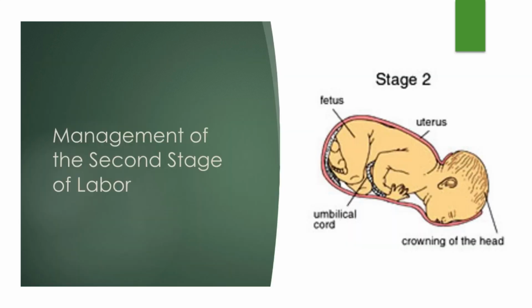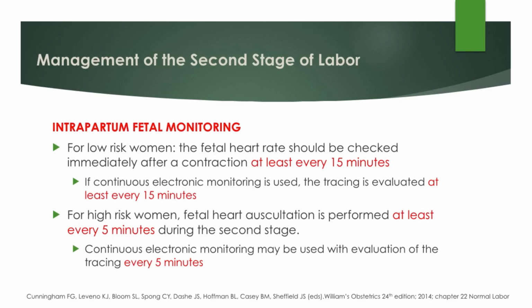Let's now go to the management of the second stage of labor. Okay, so this is when the cervix has already reached 10 centimeters or fully dilated, and the baby is about to come out. Okay? How often do we monitor fetal heart rate at the second stage of labor?